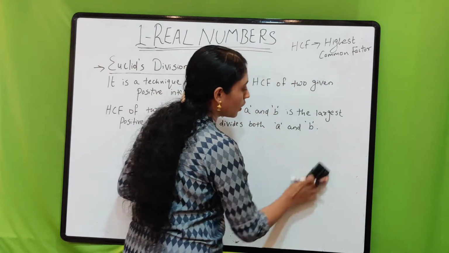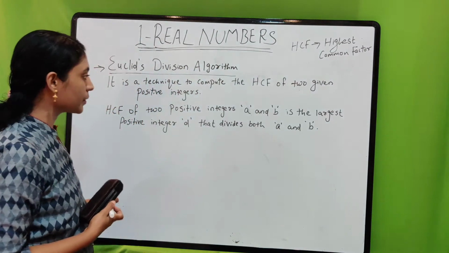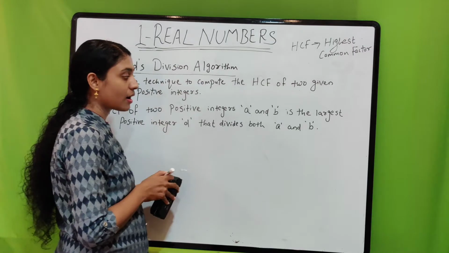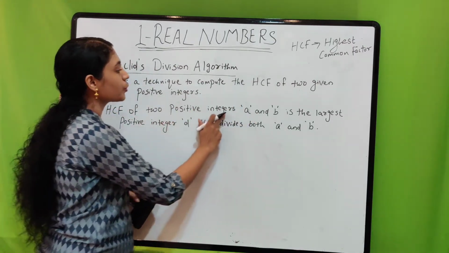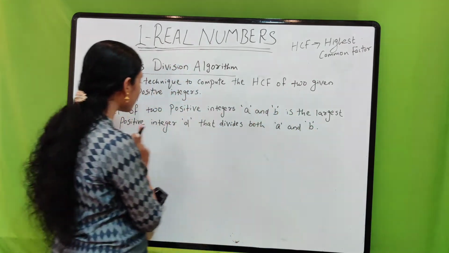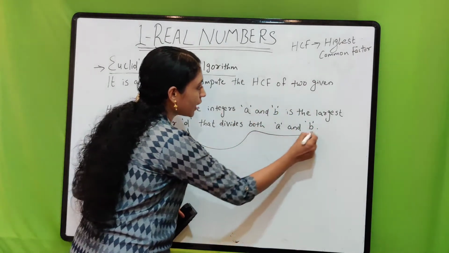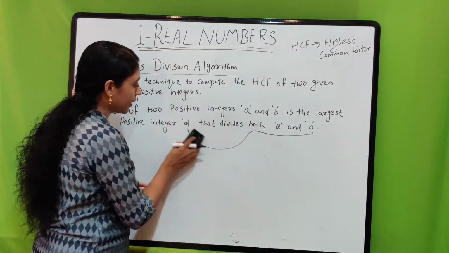Now we know how to find the HCF of two given positive numbers or integers. For example, A and B are the numbers. Then the HCF of two positive integers A and B is the largest positive integer D that divides both A and B. That D should divide both A and B. Understood?